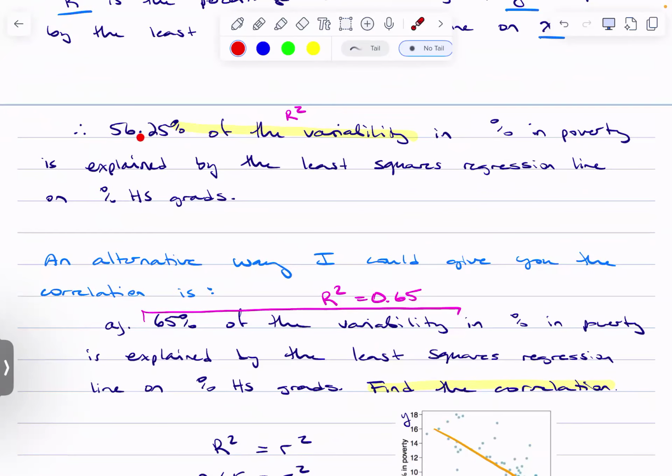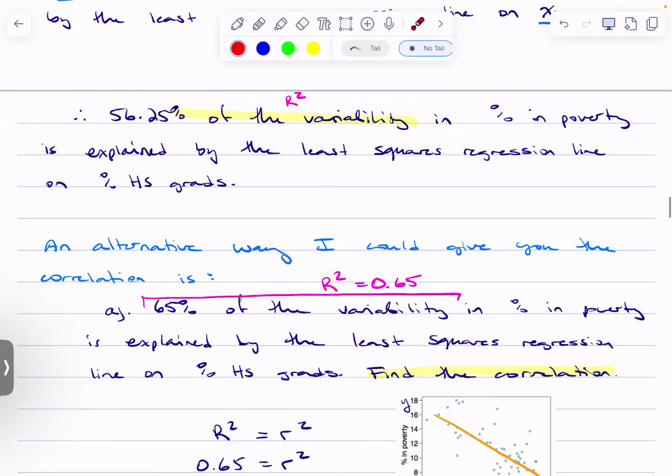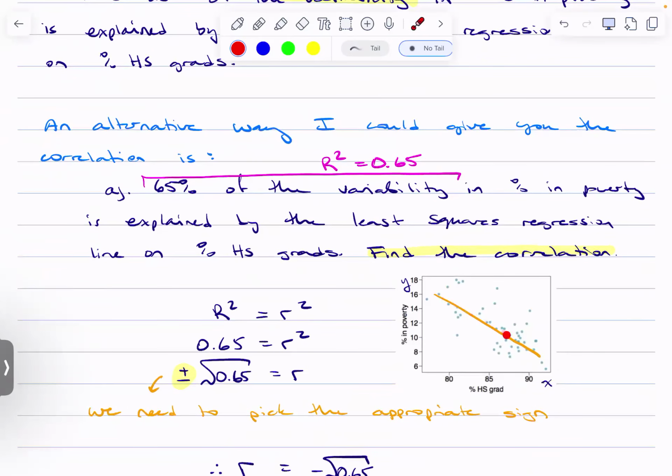It means that 44%, roughly, the missing chunk of activity in Y is explained by factors other than the percentage of high school grads, which of course makes sense, right? It depends on other things.